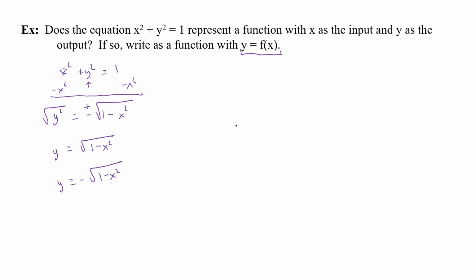And so this is not a function. Okay. And so that's the key here: when you plug in one value of x, you're going to get a positive square root of it and a negative square root of it. Okay, so that's why it's not a function. So you have to really pay attention to what your input is and what your output is.